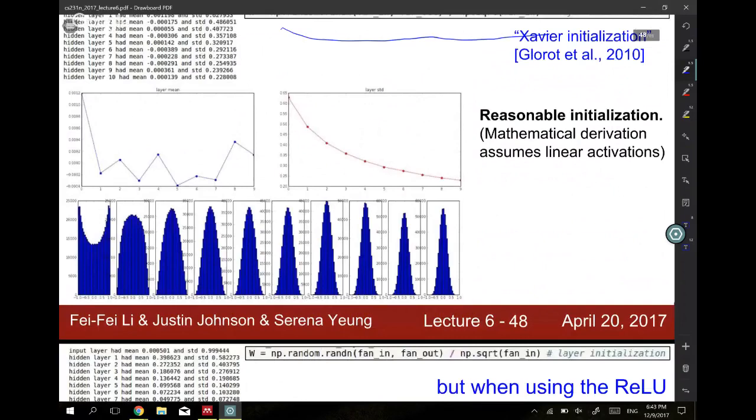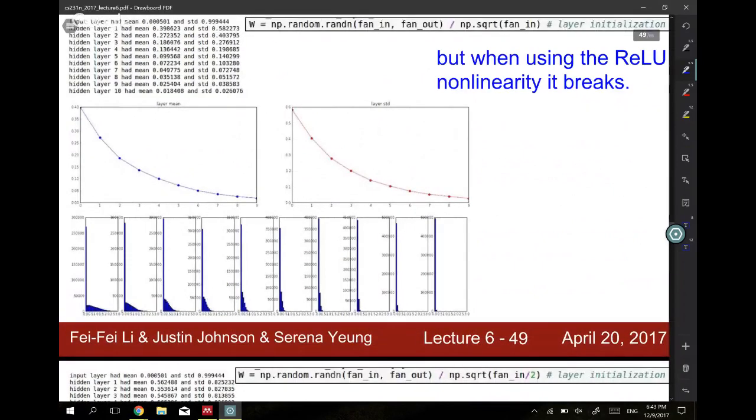But if we use the same formula for some other activation function, such as ReLU, it will not work. For example, for the ReLU activation function in a neural network, the negative region is all set to zero.